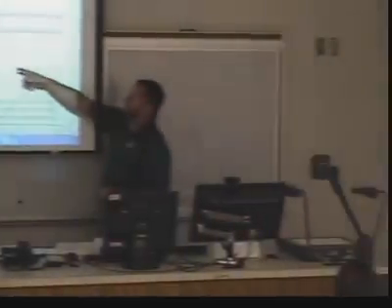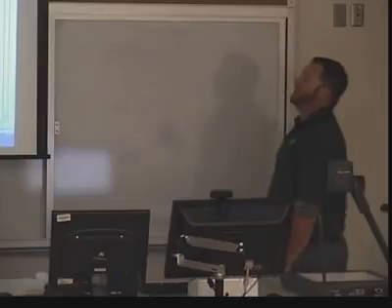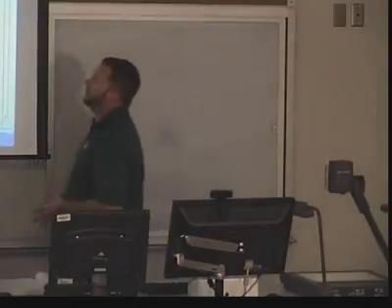So here are the chances that they get cancer if they don't smoke. Here's the chances that they don't get cancer if they don't smoke. Basically, you only have a 4% chance of getting cancer if you never smoke. You have a 96% chance of not getting cancer if you don't smoke. That's pretty hard evidence right there.